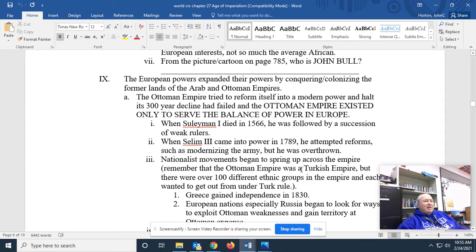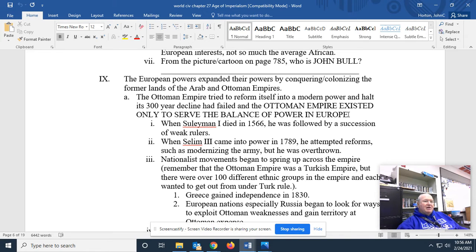So, as it says, the Ottoman Empire tried to reform itself into a modern power and halt its 300-year decline, but failed, and existed only to serve the balance of power in Europe. That is a favorite saying of the 19th century.